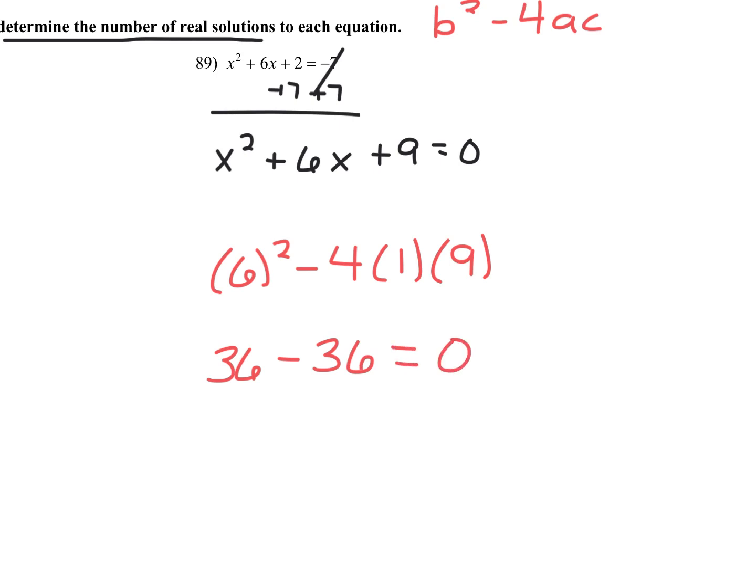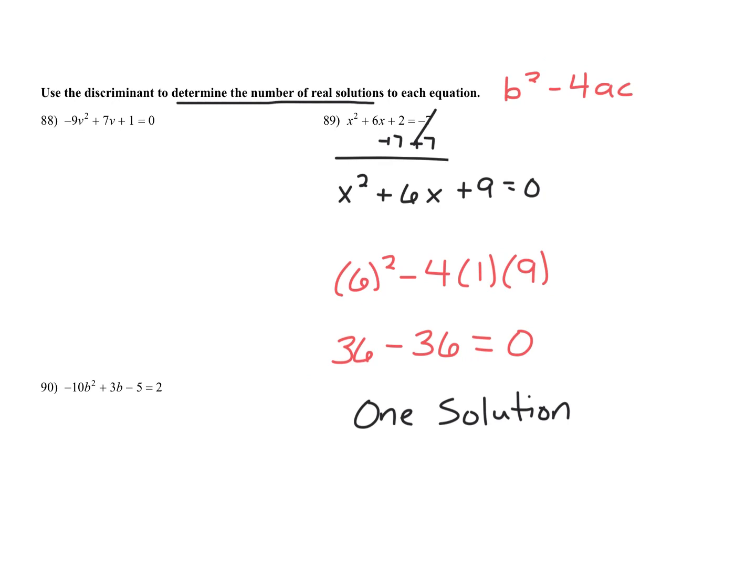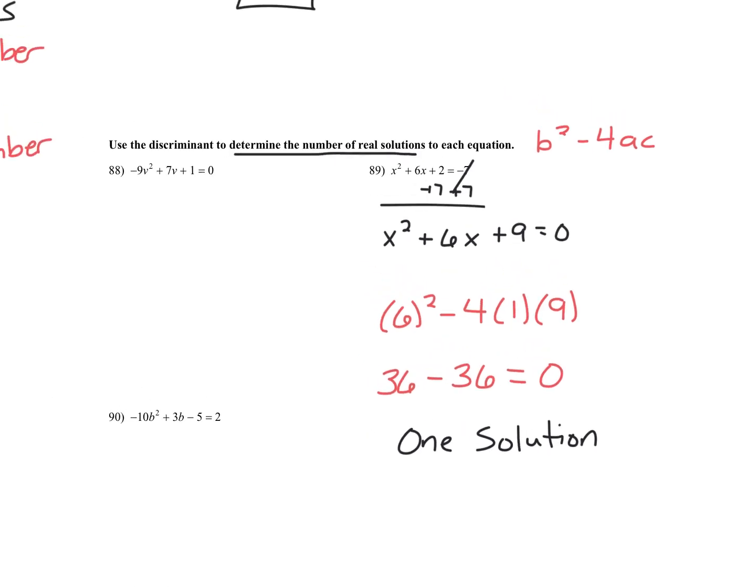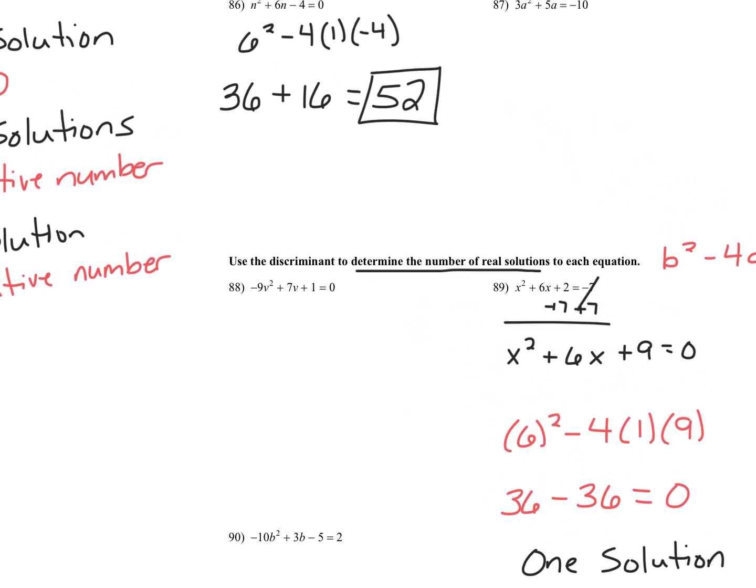How many solutions is it if we have 0 as an answer? 1 solution. Okay, so sometimes it's going to ask just for the discriminant. Sometimes it's going to ask for the discriminant and how many solutions there's going to be. Okay, so remember those 3 different options.